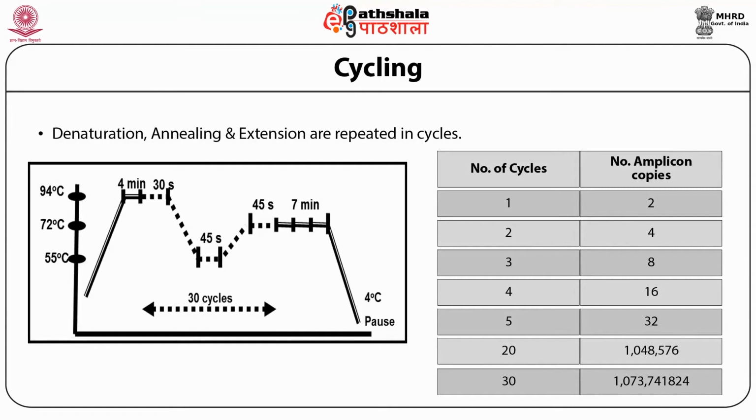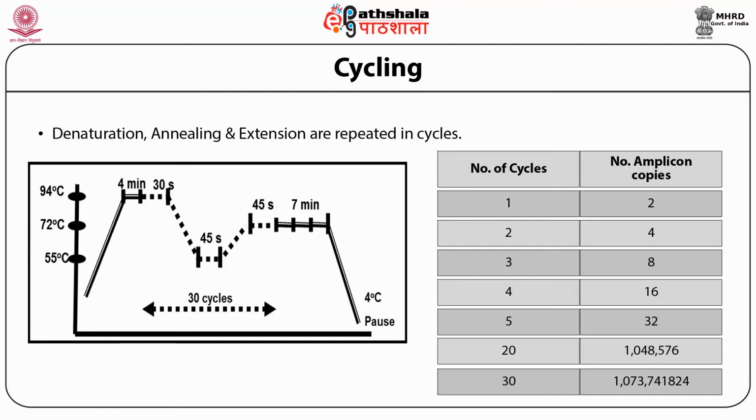In PCR, the products of the first reaction become the substrate of the following one, and so on. The three steps, denaturation, annealing, and extension, are repeated in a cyclic process, which gives this technique the name polymerase chain reaction, which means a chain of reactions involving polymerase.